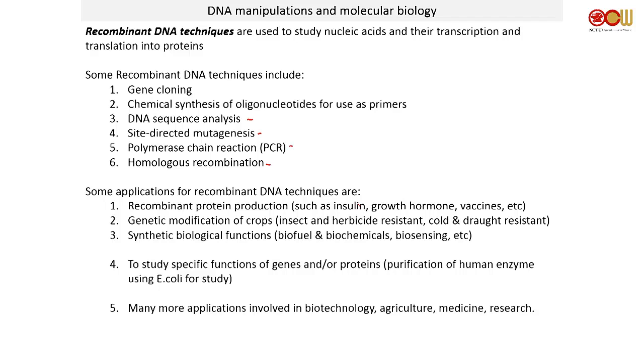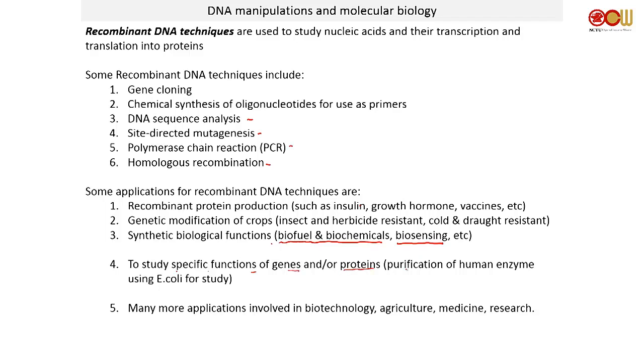You have other things like synthetic biology or synthetic biological functions, like for example what I do in my lab, we do biofuel and biochemical production. Some other people are interested in biosensing. Can we use E. coli to sense the presence of another harmful bacteria? People are looking into that. We use recombinant DNA techniques to study the specific function of genes and proteins.